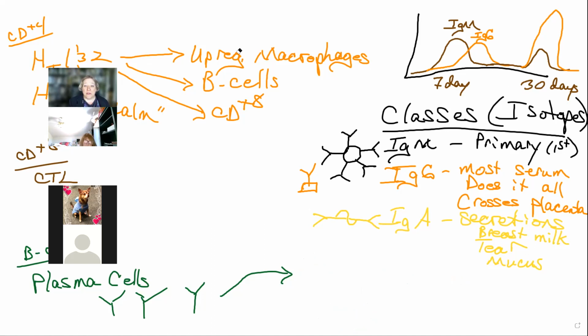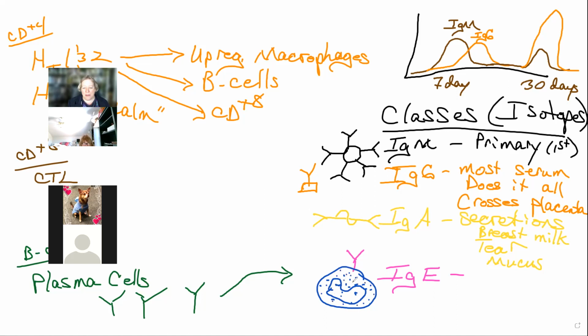The next most common kind, and it is very uncommon in the blood, is IgE. IgE is a monomer, and this Fc portion makes it so that it really likes to attach to mast cells. So mast cells, remember, are part of the innate immune system, and they are granulocytes that hang out in tissues.